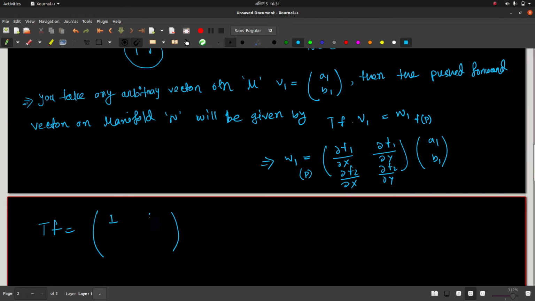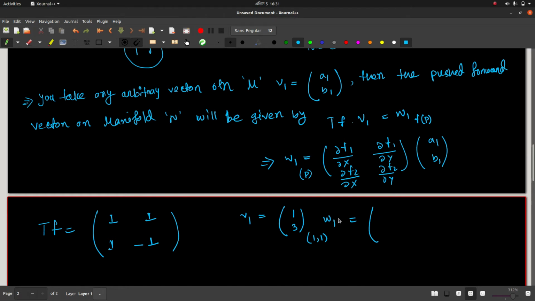This will also be 1, this will be a 1, and this will be a minus 1. And let's consider any vector. Let's say v1 is given by 1 3, like this. Let's say the base point, this vector 1 3, is defined on a point 1 1, like this.